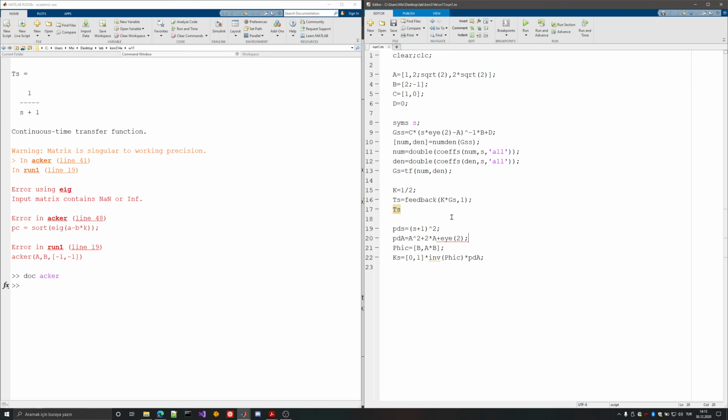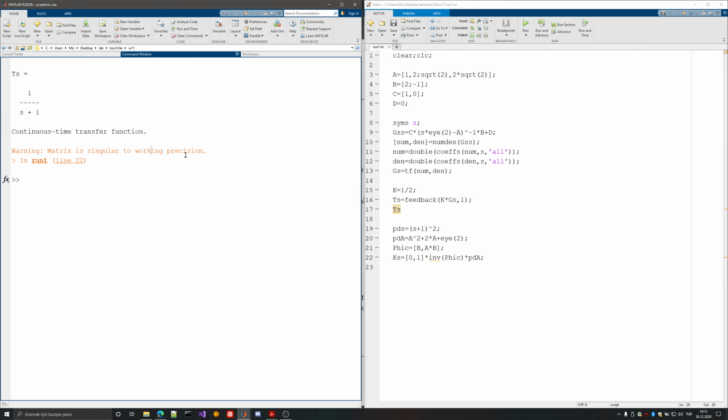So the coefficients are coming from the coefficients of the desired polynomial, s squared plus 2s plus 1, so 1, 2, 1 are the coefficients, and I'm applying this to the matrix A, or I'm substituting s with A, depending on how you view it. We can then run this, and again we get the same error because this is the Ackermann formula and it's not possible to do this.